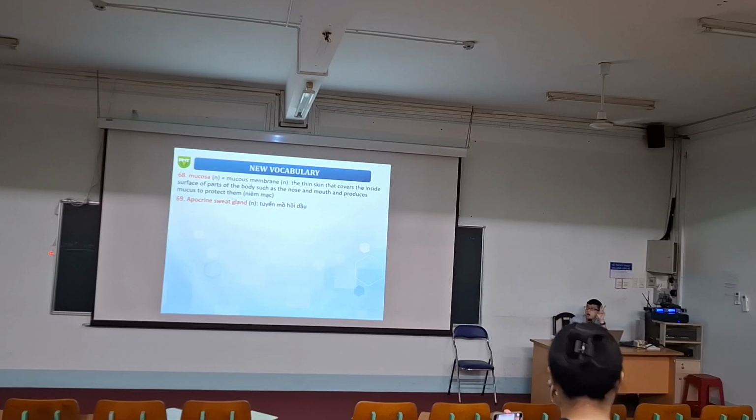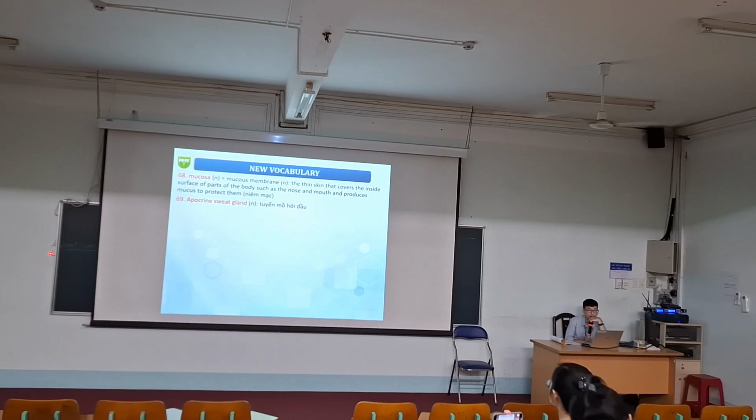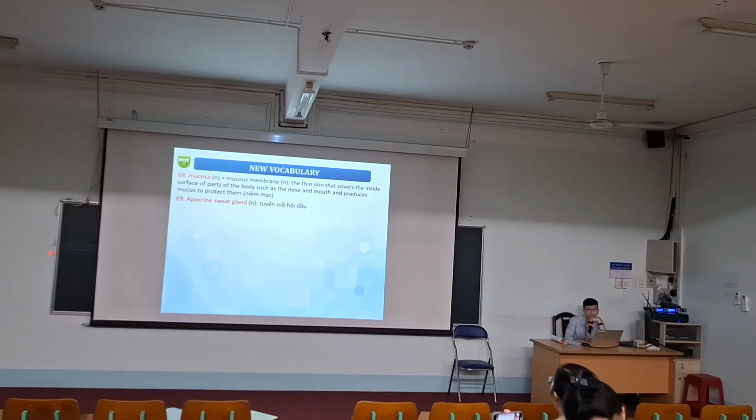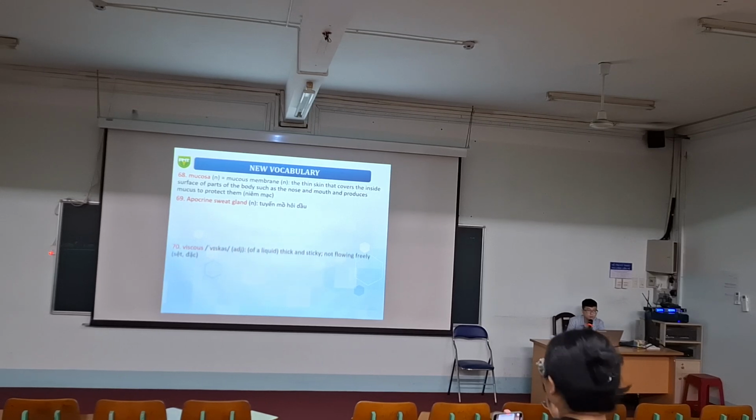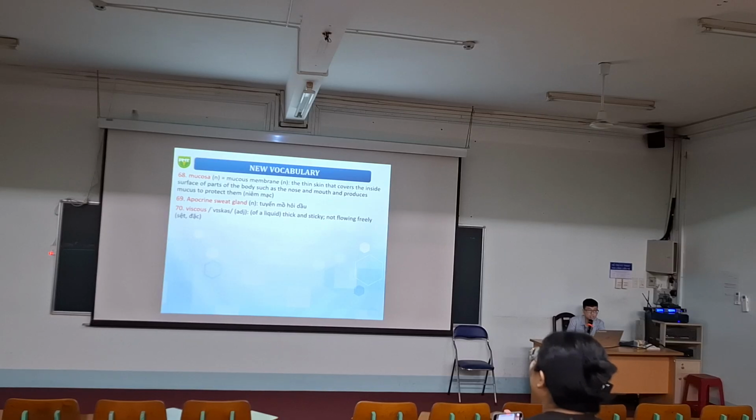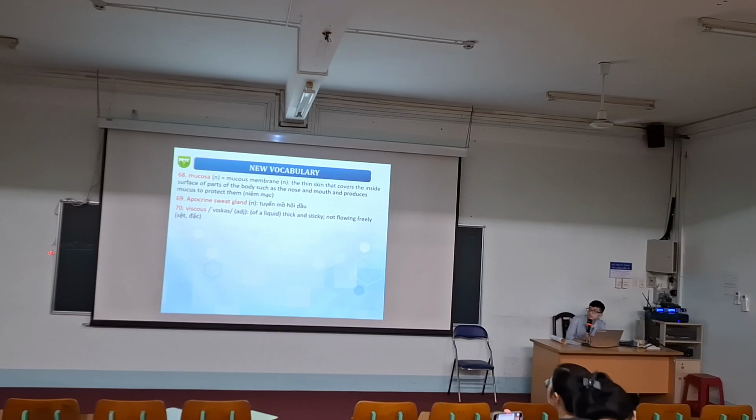The second type of sweat gland is called apocrine sweat gland. Okay. Sweat gland chỉ là hai cái mà cái mồ hôi nước và cái mồ hôi dầu, right? Apocrine sweat gland. Okay, viscous. A word used to describe a liquid that is thick and sticky, not flowing freely. Okay, viscous.